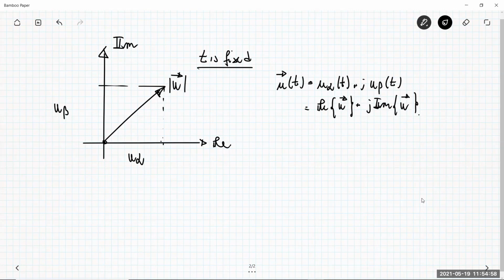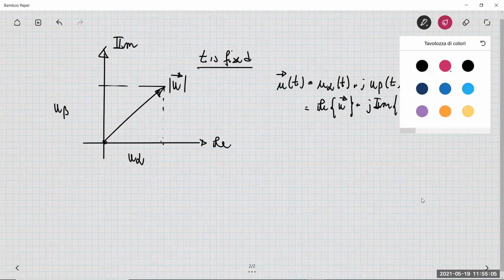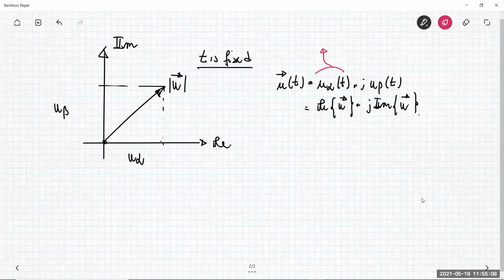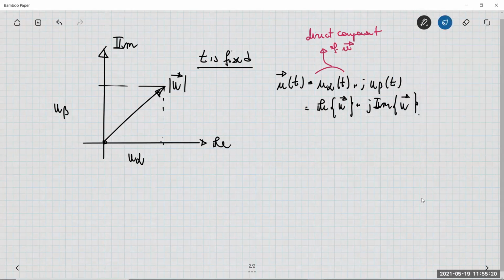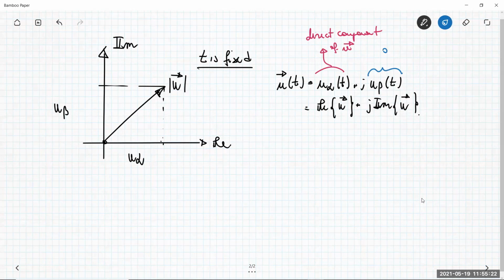Then this real and imaginary part can also be indicated with a specific name. For example, the real part is indicated as the direct component of the space vector, and the imaginary part is called the quadrature component of u.